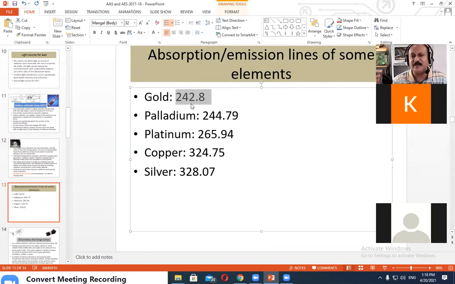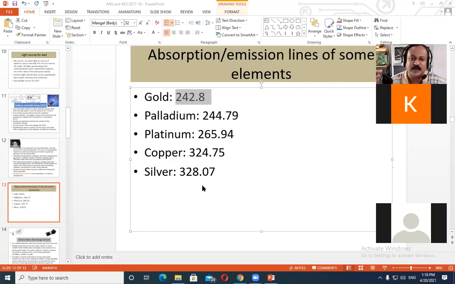For palladium, it is 244.79, platinum is 265.94, then copper is about 300, silver is about 300 nanometer wavelength. And you will realize from this information that most of the radiation which comes out from the hollow cathode lamps used for atomic absorption spectrophotometry falls in the ultraviolet range.